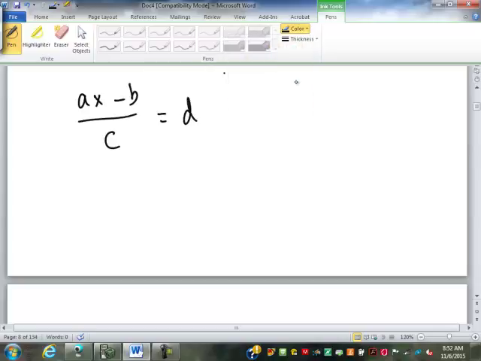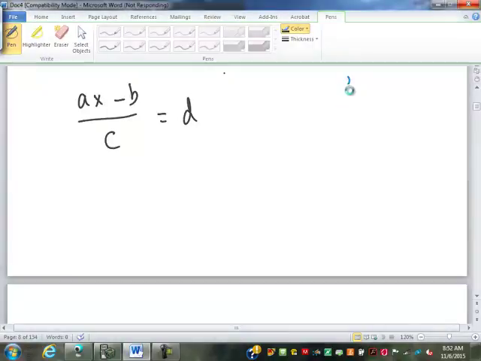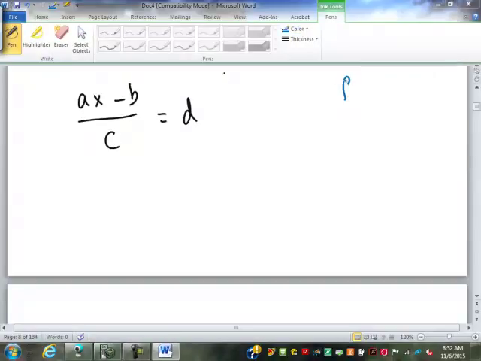So what would we do with this one? Oh, good question. You caught me again. Solve for x. What's our first step going to be? Multiply by c. Very good. Get rid of that.